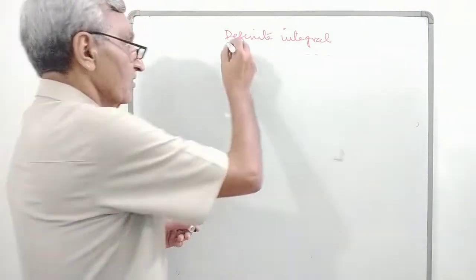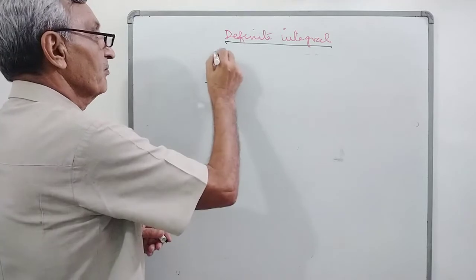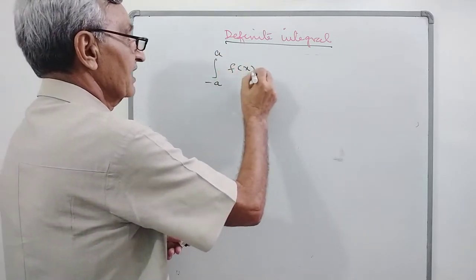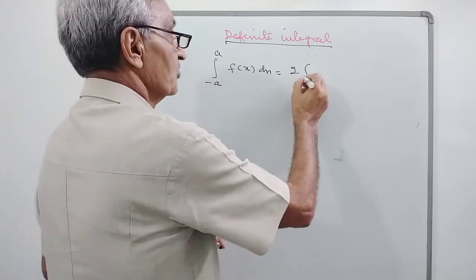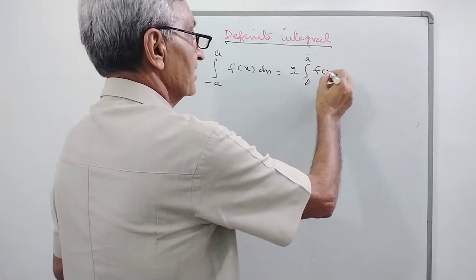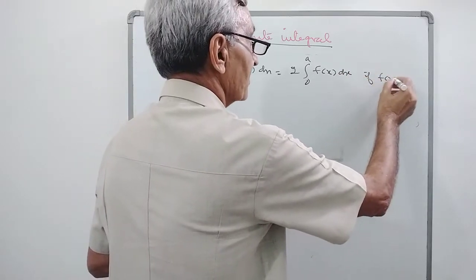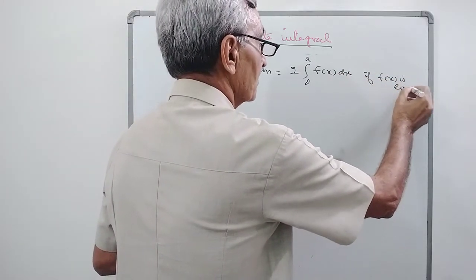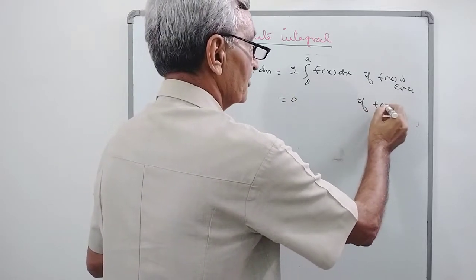First of all, let me revise one very important property. Integral from minus a to a of f(x) dx is equal to twice the integral from 0 to a of f(x) dx if f(x) is even, and is equal to 0 if f(x) is odd.